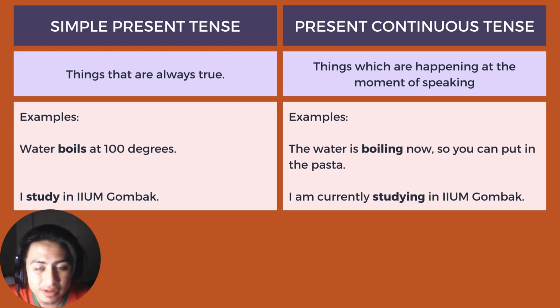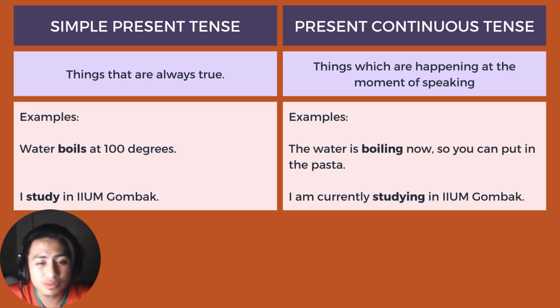Alright, so the first example for simple present tense, water boils at 100 degrees. So you know that water boils at 100 degrees, right? It is the truth, right? So when we want to speak the truth, we use a simple present tense.